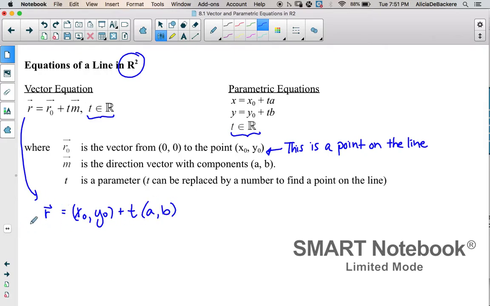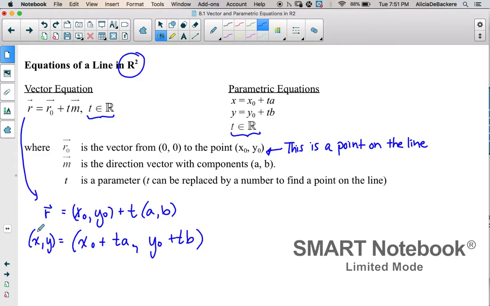And this vector r is going to be some x, y coordinate combination. Now I could use my component arithmetic and expand the t into this bracket, and then I can add the matching coordinates. And what I would get then is x naught plus t times a, comma, y naught plus t times b. And you'll notice this is the parametric equation.